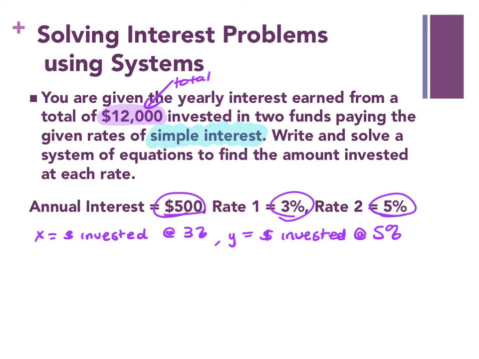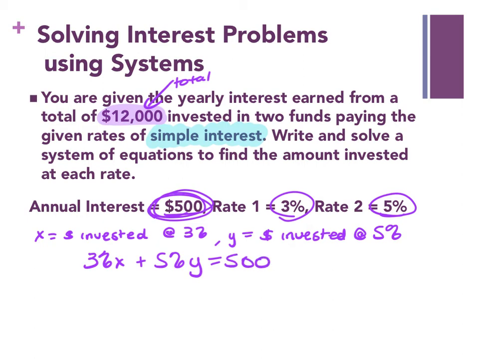These types of problems are all pretty similar. They're going to give you 2 different rates, and some sort of relationship between them. So I know that the percent of interest times the amount of money is how much money I've made off that, which means 3% times x plus 5% times y should equal the total interest earned, which is $500.